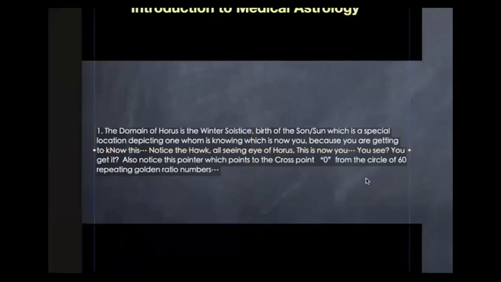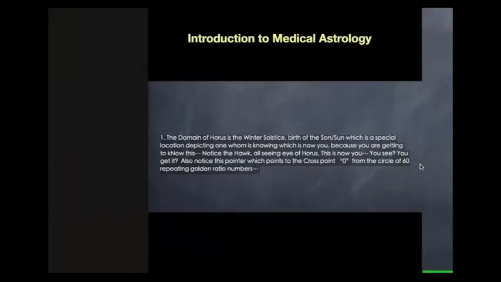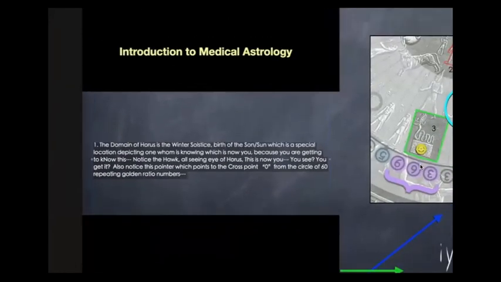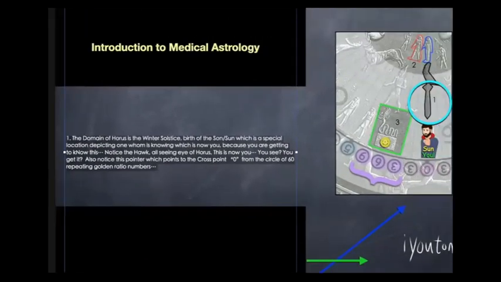So the domain of Horus is the winter solstice, the birth of the sun. I'm going to back this out a little bit. There's the domain of Horus right here, where Horus is depicted by a hawk, the all-seeing eye. When you see the hawk, it represents you've lifted the veil, you're starting to see the synchronicities, you're seeing things come together.